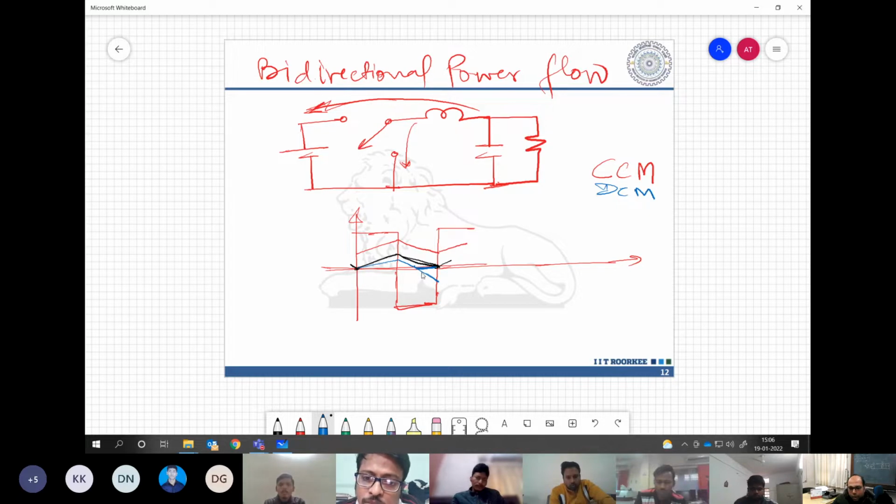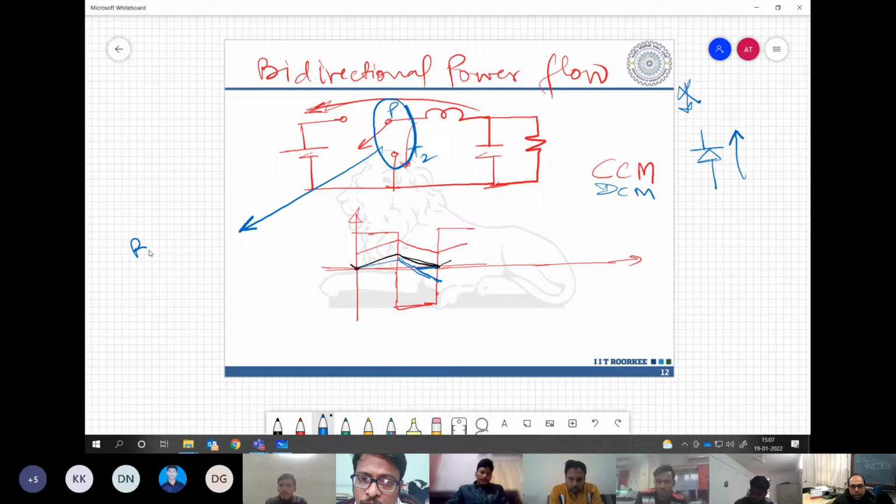Yes, sir, it stays at zero. Why? Because we have put a diode which can conduct only in one direction. It cannot permit current in this direction. You understand my point? Now let us say we want to take current in the other direction. So what we need from this PT2 is bidirectional current carrying capability.